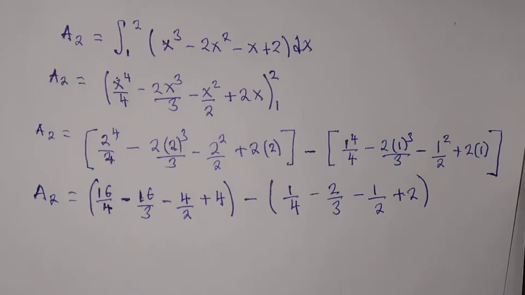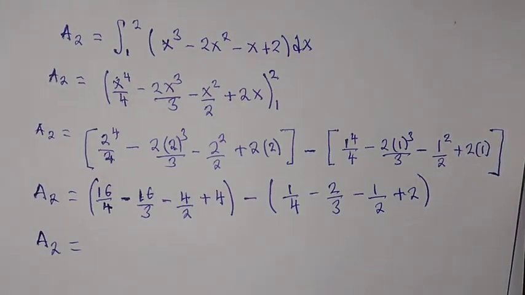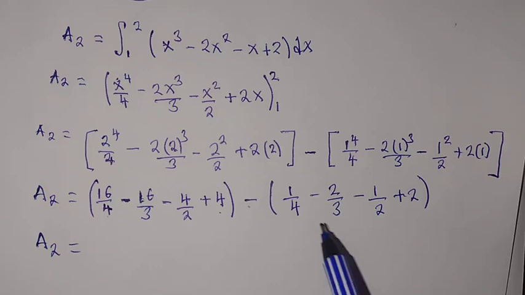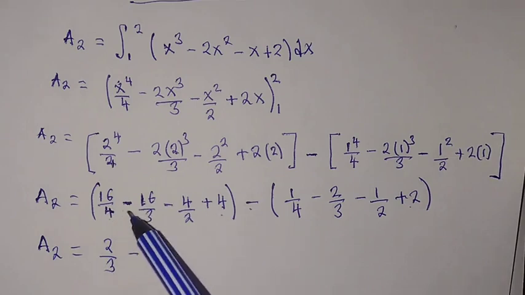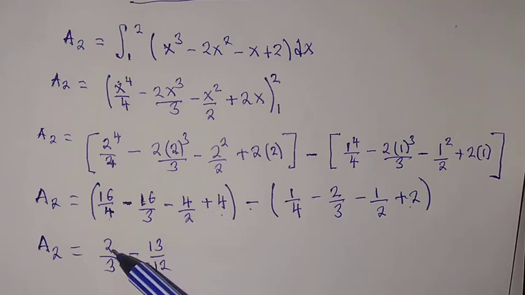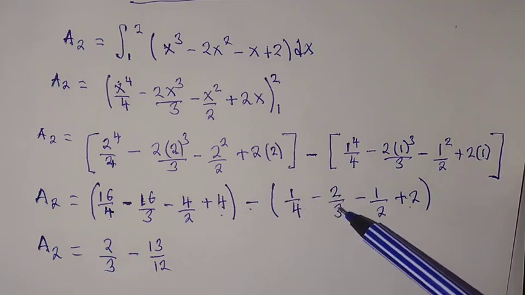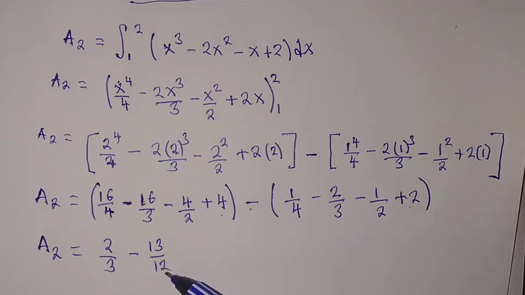Okay, then we can just simplify. Area 2 can just simplify now. So I'll punch these on the calculator, and then minus, I also punch these on the calculator. Once we punch these on the calculator, 16 over 4 minus 16 over 3 minus 4 over 2 plus 4 gives us 2 over 3, then minus, again 1 over 4 minus 2 over 3 minus 1 over 2 plus 2, gives us 13 over 12.